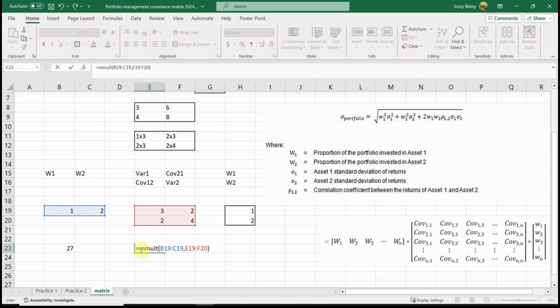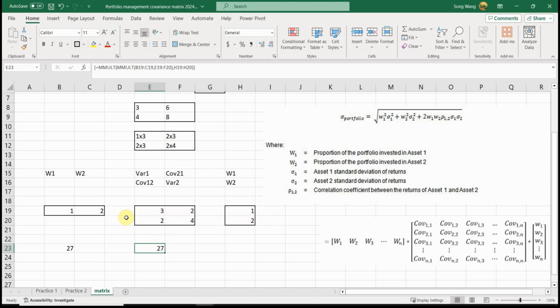And then you're going to do another round of MMULT. So the results here will give you the row, which will be multiplied by the column here. Since this involves matrix or vectors of cells, you know how to finish it. It's going to be Control-Shift-Enter. So that's going to give me the same result. Okay, this will give me the same result.